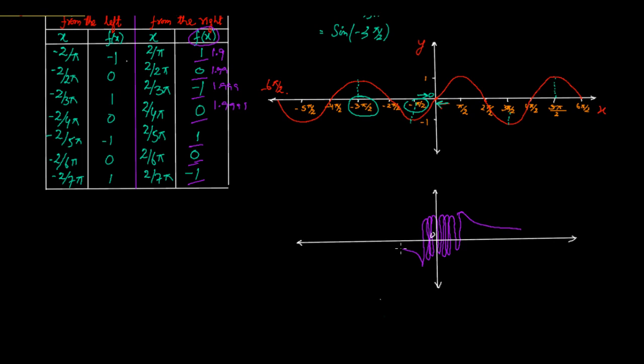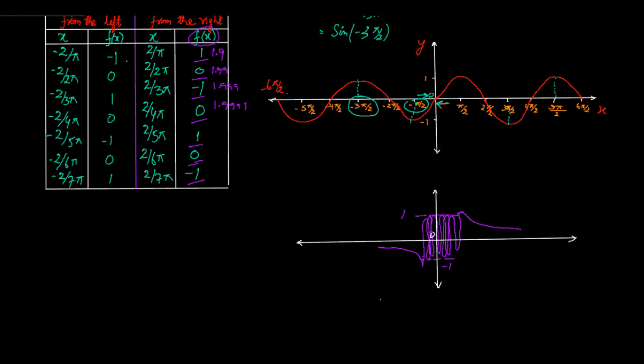Although I'm not able to make it perfectly, but it will be something like this. So this will be here 1, and this is minus 1. From here it goes smoothly, and here it goes smoothly, but near 0 it will be oscillating from 1, 0, minus 1 to 0, 1, minus 1, and so on. So it will not be sticking to one point, but oscillating up and down, up and down, up and down.